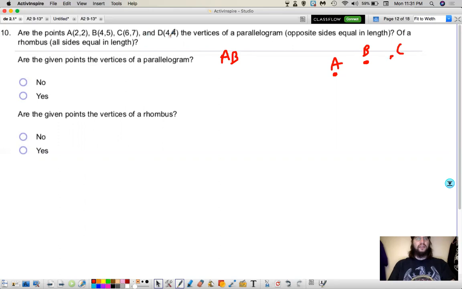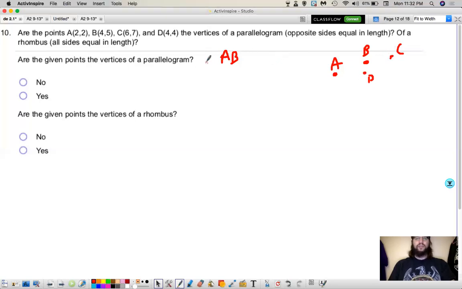And D, it's 4, 4, so it's above A. It's on the same level as B on the x's, but it's right below B. So it's gotta be like right there, above A. So something like that. So AB, BC, CD, AD, that's our sides.